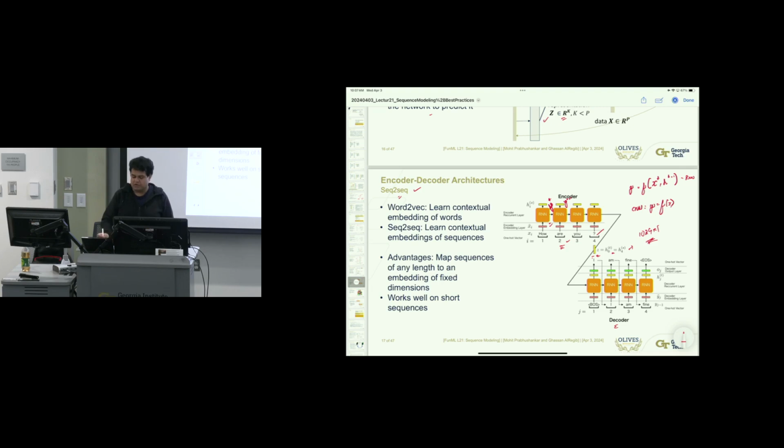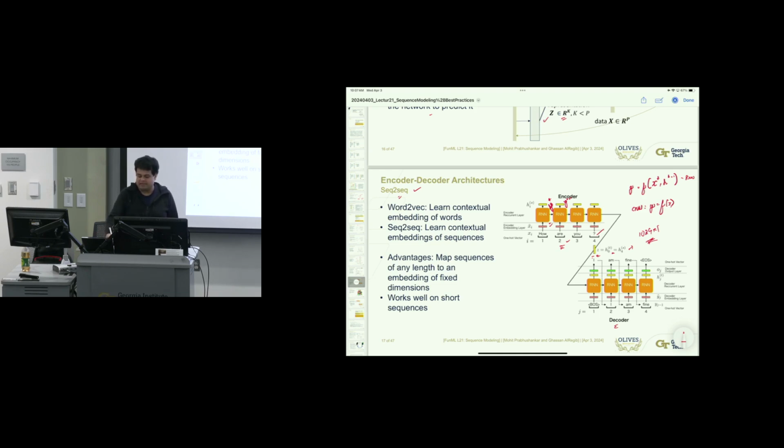So this kind of an encoder-decoder architecture works very well on a short sequence. But we have already seen that given an RNN framework, or even LSTMs, which are better like what we discussed before, they still cannot handle, let's say, a review of a book, or construct a complete essay given a certain prompt. So you would have to go to different kinds of architectures.